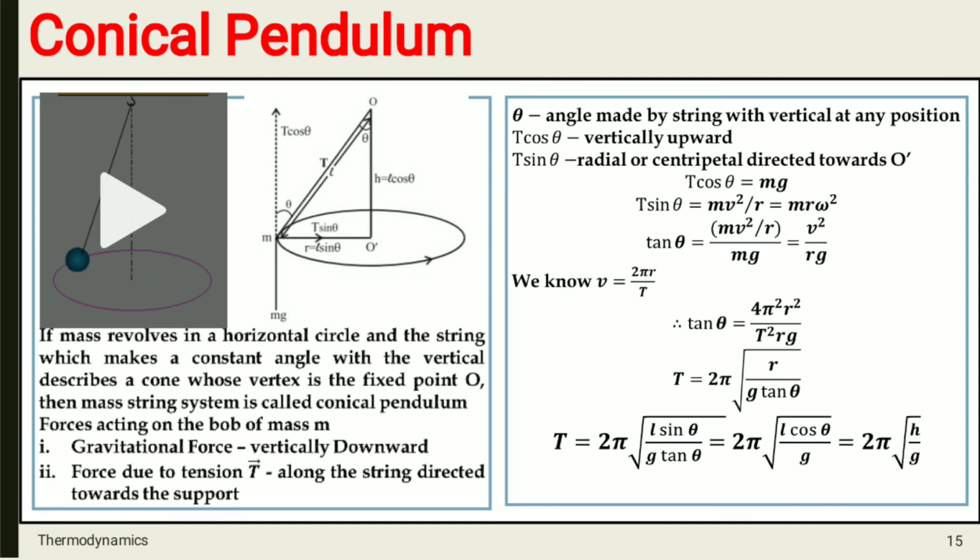I will provide you one animation of this in your group, and then you will understand what is meant by a conical pendulum. It is not a swing motion, it will not move like that.